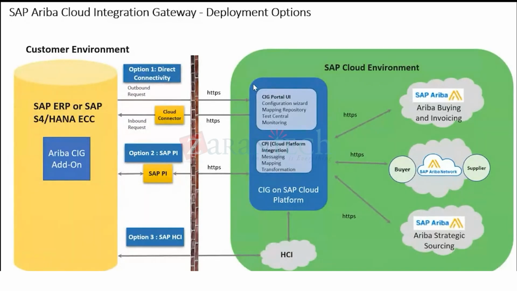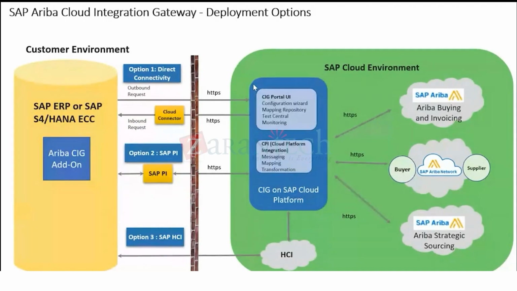So when we're talking about direct connectivity, don't confuse it with the ERP system connecting directly with the Ariba solution. But in that case, they have put that nomenclature. In direct connectivity, we have only one CIG that will be used to integrate both solutions.